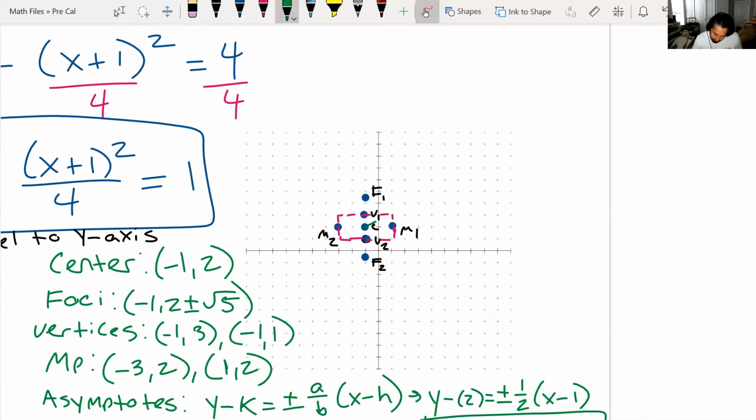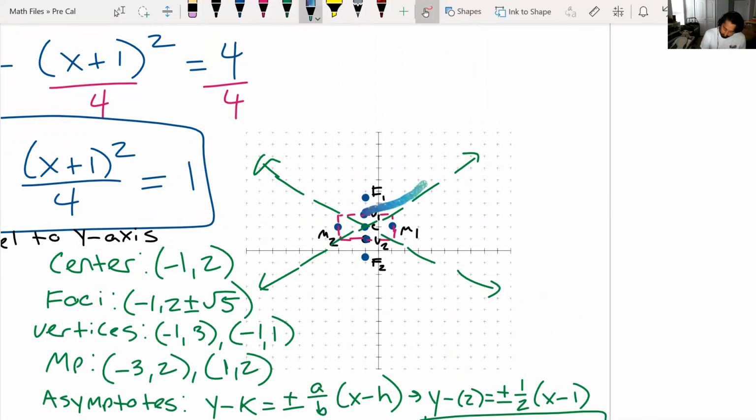Now, go ahead and draw them, cutting through the center and the corners of your hyperbola. And now we will graph.